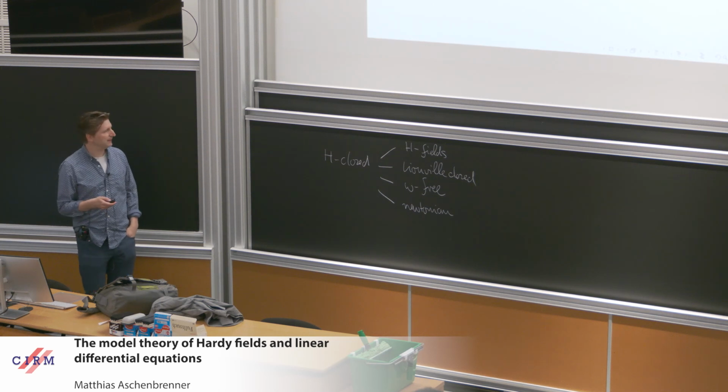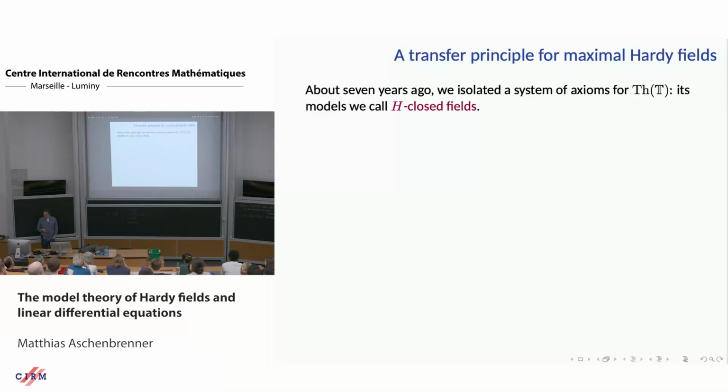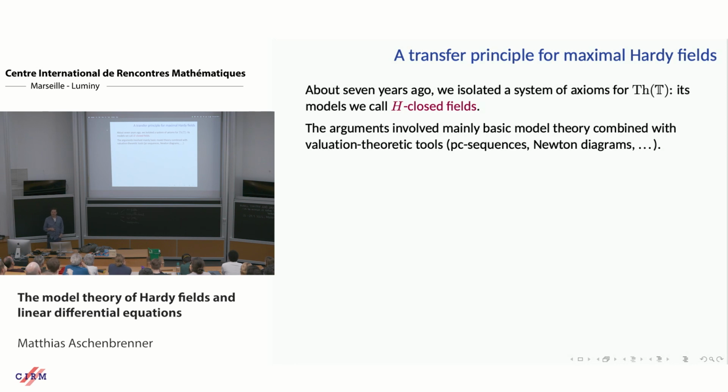But it's a bit complicated to define, so I'll not do it in this talk. Right, and the arguments involved are purely algebraic and use, of course, valuation theoretic tools a lot: pseudo-Cauchy sequences, Newton diagrams, and things like this, immediate extensions.